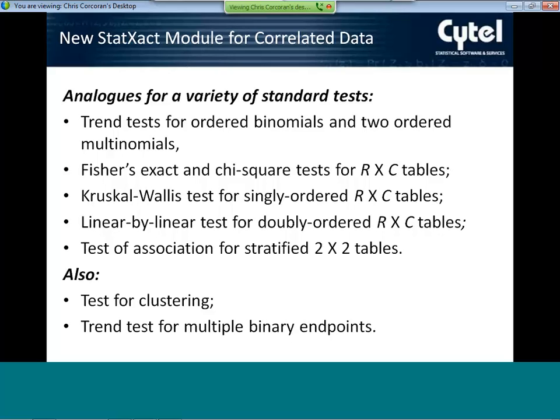In addition to those, an exact test that helps us to measure the evidence for or against clustering within the individual units that we feel may contain correlated observations. And in addition, there's a multivariate trend test. You can think of this as a kind of Cochran-Armitage trend test where we have multiple outcomes, not just one. These are all contained now in a correlated data module in StatXact.